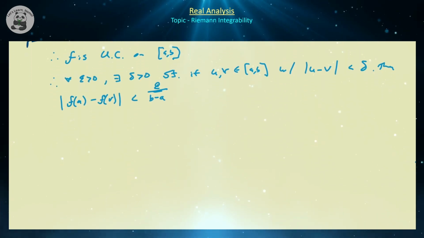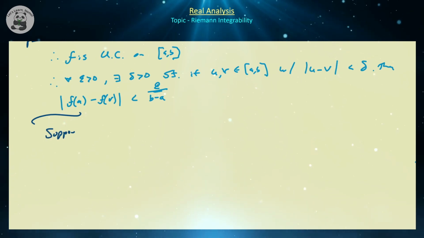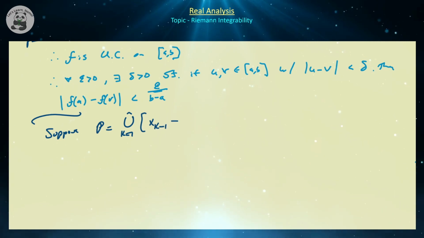That's what we get from assuming that the function is defined and continuous on a closed and bounded interval. Now we're trying to show that our continuous function is Riemann integrable, which means we need a partition. Let's suppose that P is the union from k equals 1 to m of [x_{k-1}, x_k].